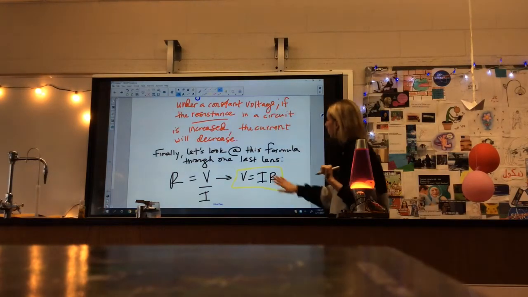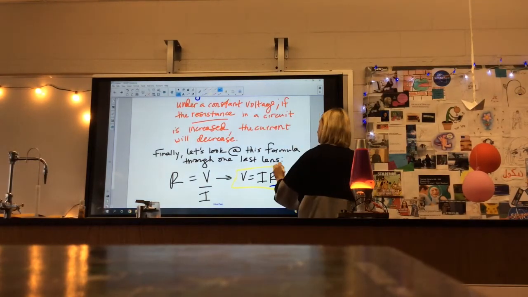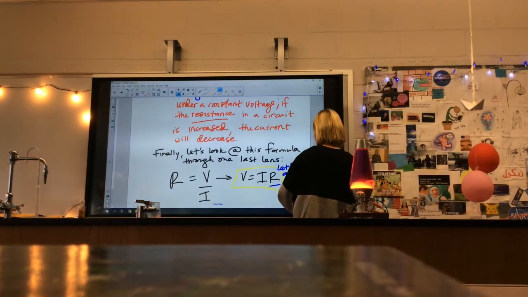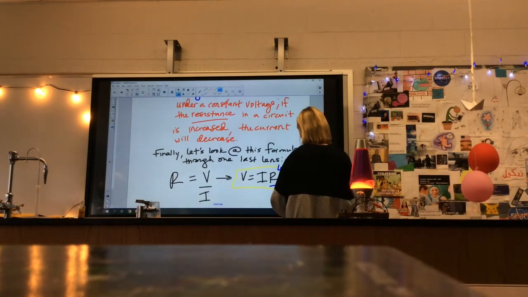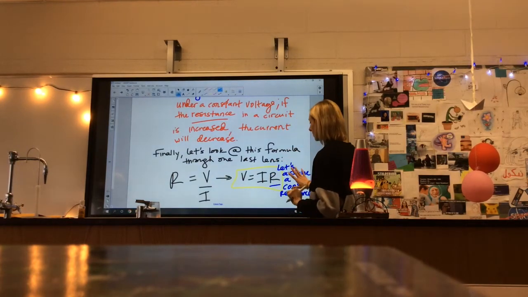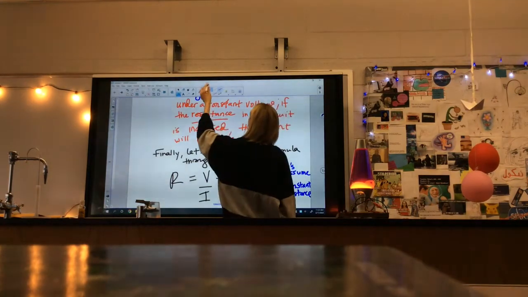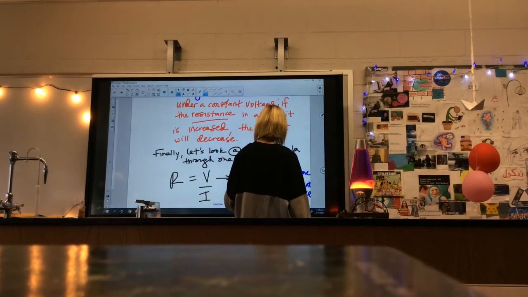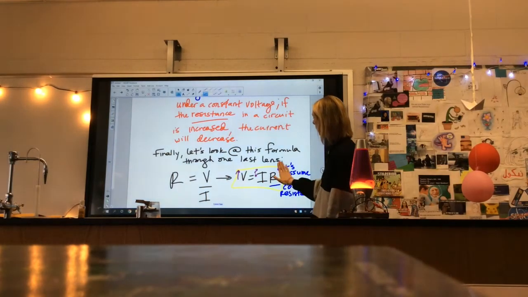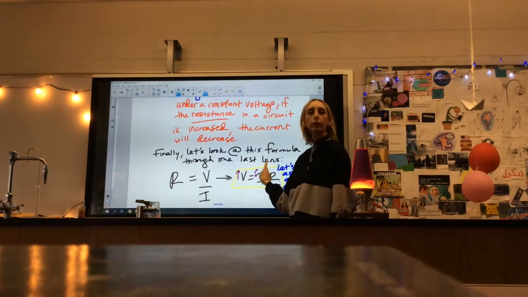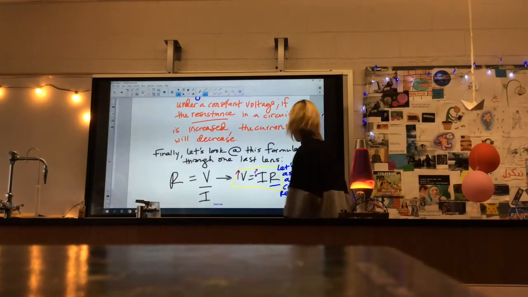But now we're going to assume a constant resistance. Now, if I keep the resistance in the circuit the same, what would happen if I increase the voltage to the current? What do you think is going to happen here? So if the resistance is kept constant, if voltage is doubled, then current is also going to double.